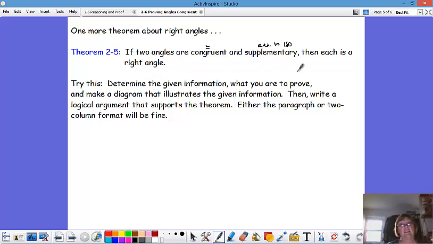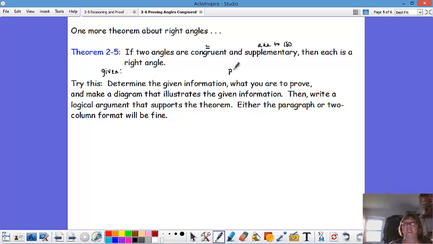If they add up to 180 and they're equal, that means that 2 times whatever equals 180, and the whatever has to be 90 degrees. They have to be right angles. So you can think this through in your head. What we want you to think about is how to write out the given information, what is it that we're supposed to prove, and then make a diagram that illustrates that. So will you pause the video right now and do those things? What is it exactly that we're given?